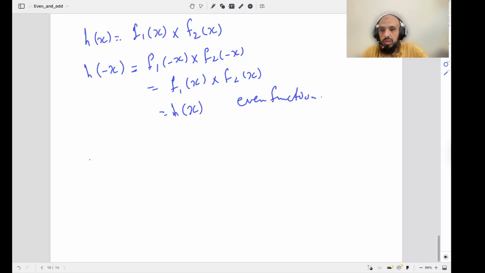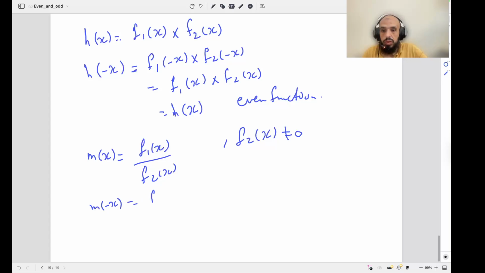What about division? If we have m of x equals f1 of x divided by f2 of x, on the parts where f2 of x is not equal to 0, let's take m of negative x.